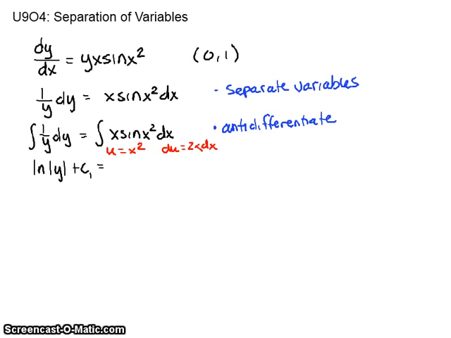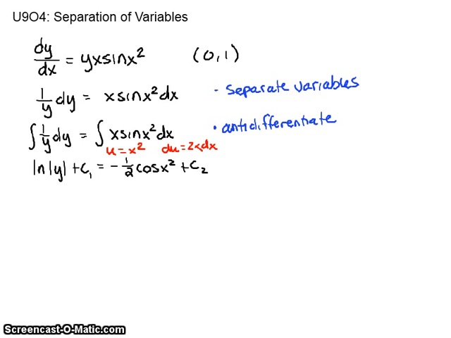So really we're looking at 1/2 the antiderivative of sine of u. The antiderivative of sine of u is negative cosine, so we get negative 1/2 cosine, put our x squared back in, and then plus c2. So natural log of the absolute value of y plus c1 equals negative 1/2 cosine x squared plus c2.